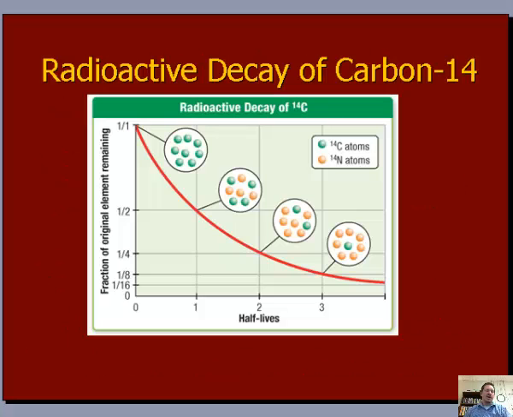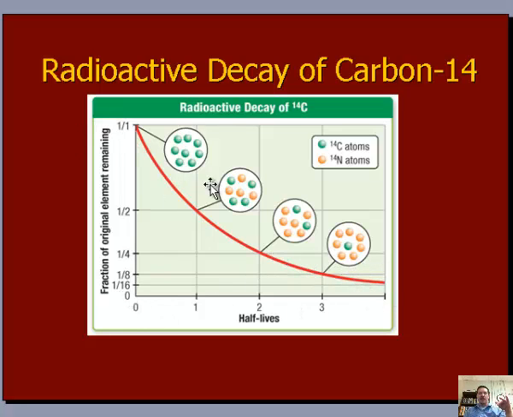So here's this decay curve that I was talking about, and it's just a logarithmic function. But you'll notice that the curve is decreasing. Up here at the top left corner, we've got 100% of our sample. And at the bottom, we've got half-lives. After one half-life, we've got half of our sample that remains. 2 half-lives, we've got 1/4, and so on. So the fraction is going to continue to decrease.